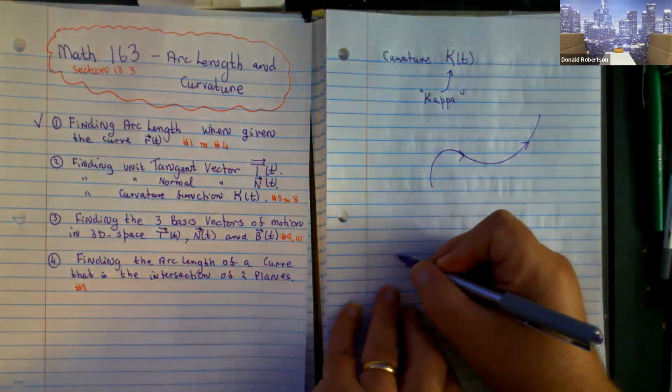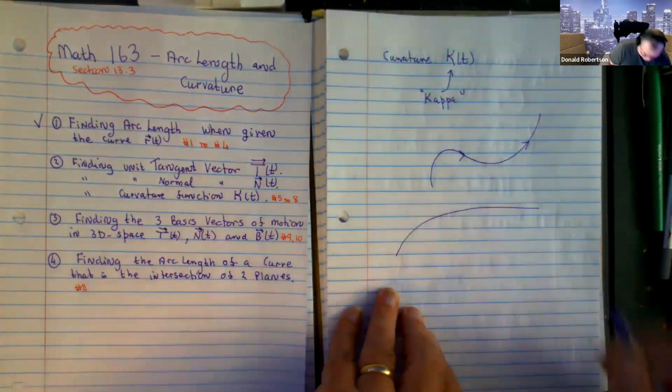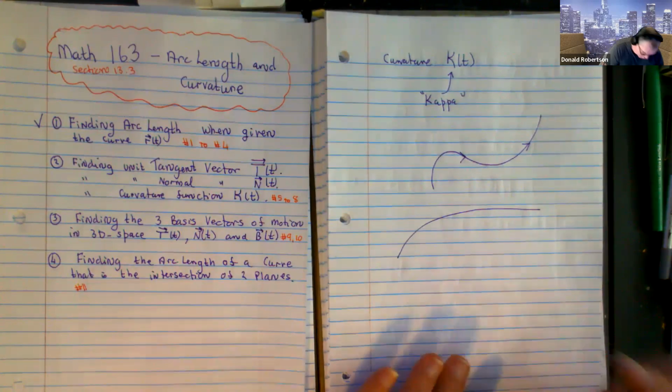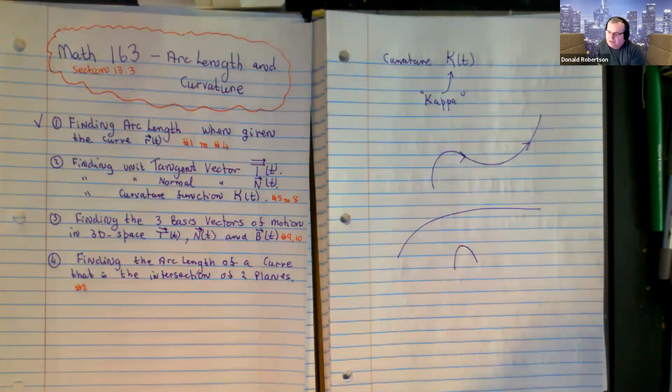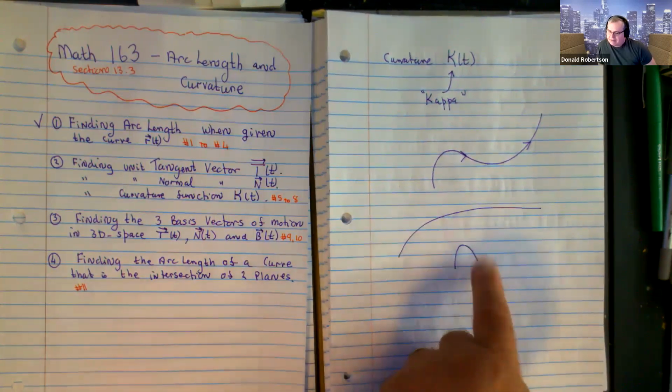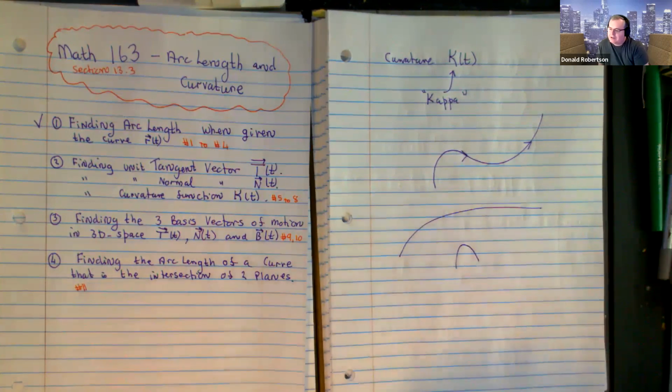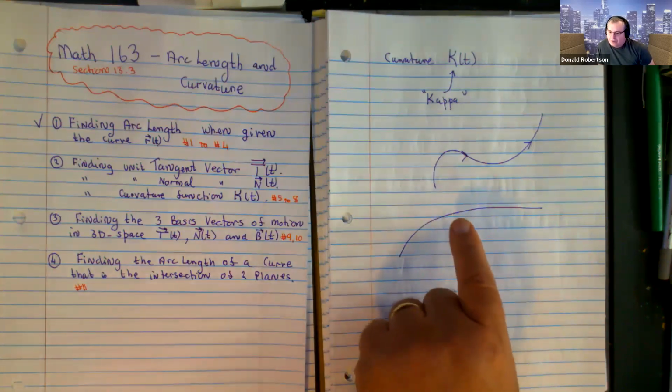You think, well, what on earth do you mean by how curved it is? Well, if I said to you that this curve is not very curved and this one is, you kind of know what we mean. It curves quickly, it curves slowly, right? Kappa is a number that tells us, at any given point on a curve, how curved it is.